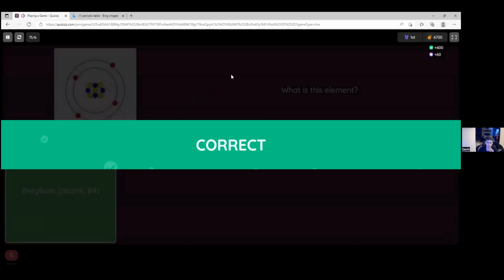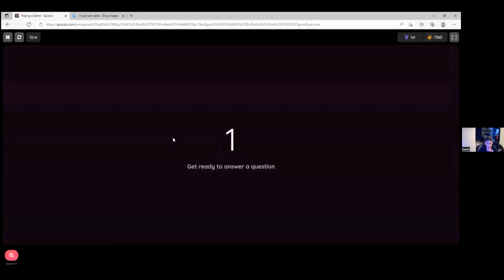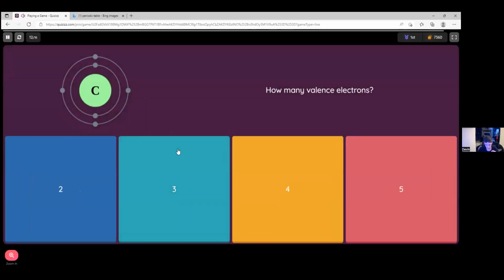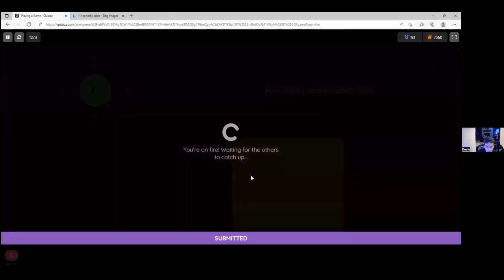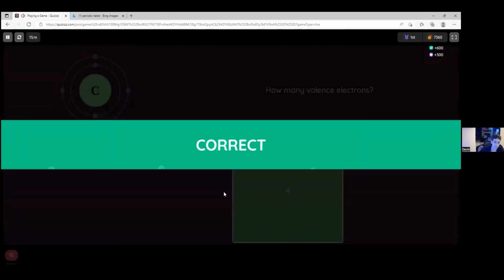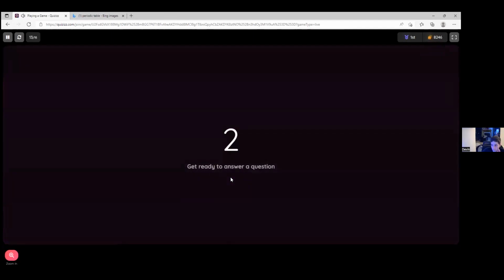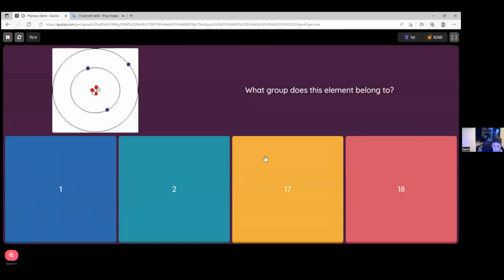Yeah, that's it. Okay. How many valence electrons? 4. What group does this element belong to?